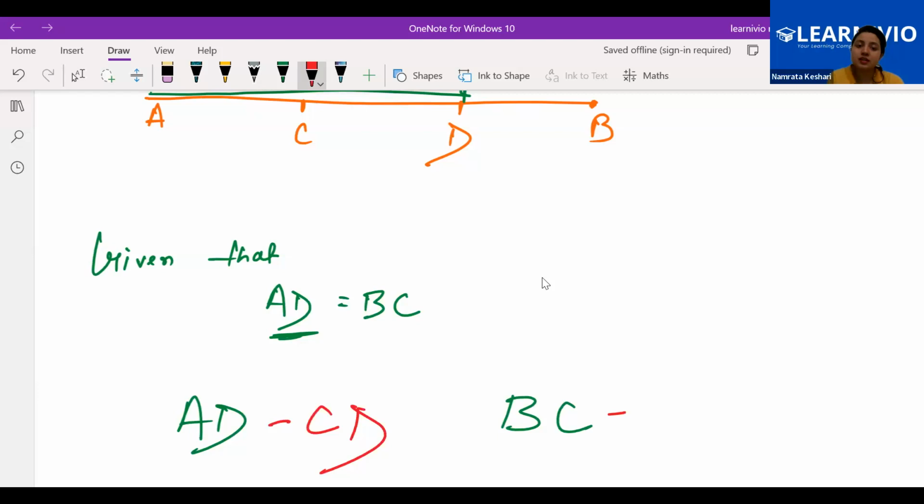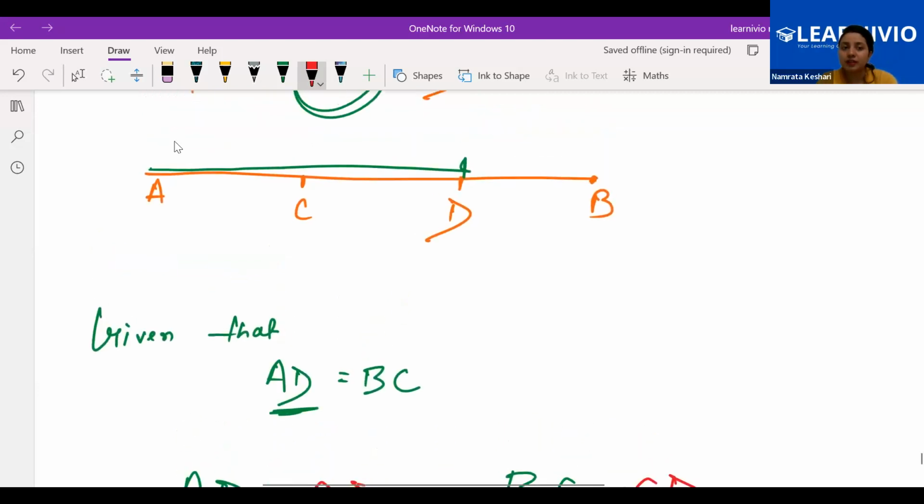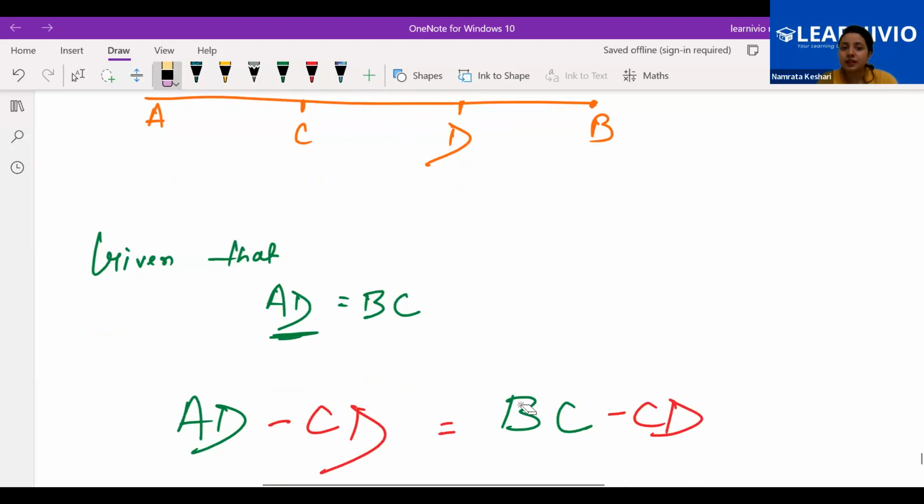If we do so, what are we going to have? AD minus CD is AC. BC minus CD is what? See the figure, it is already there in front of you. See, BC minus CD is what?